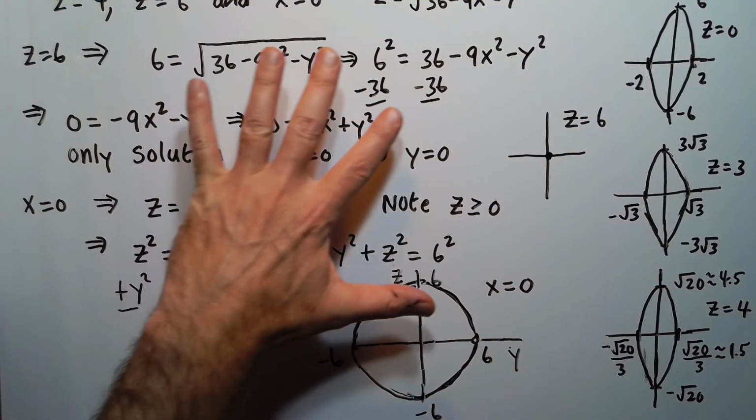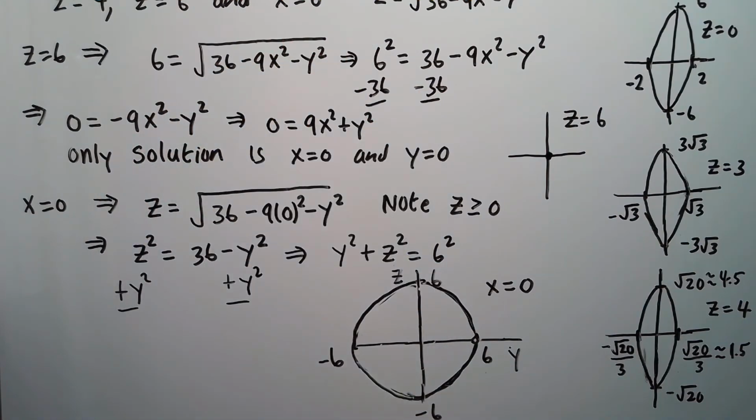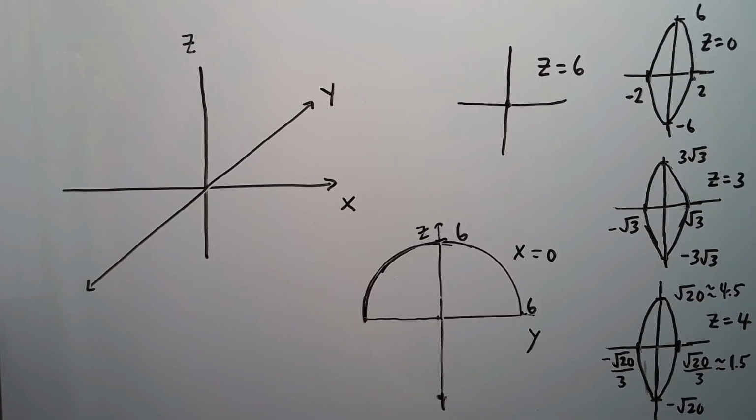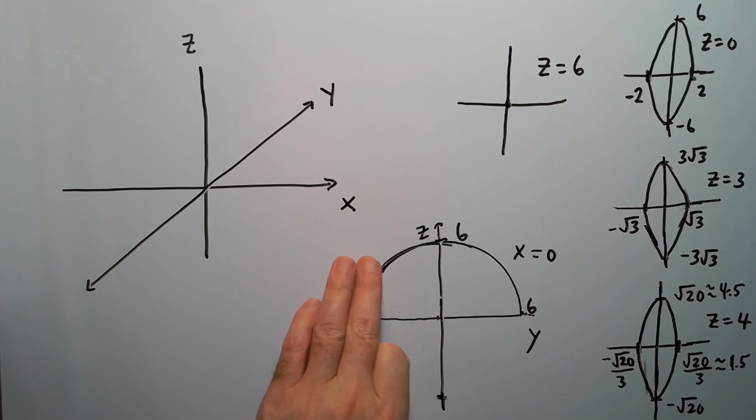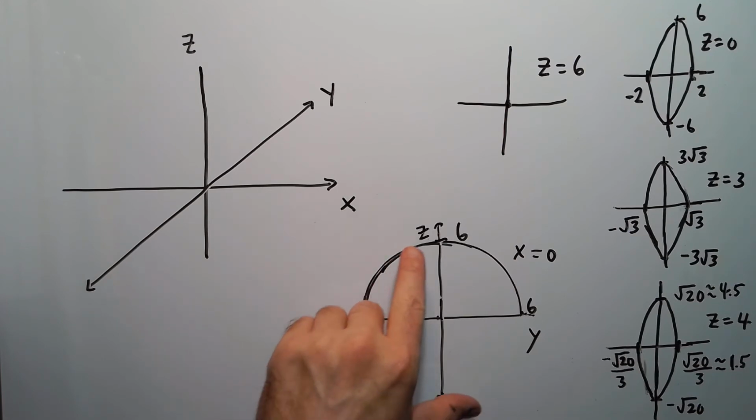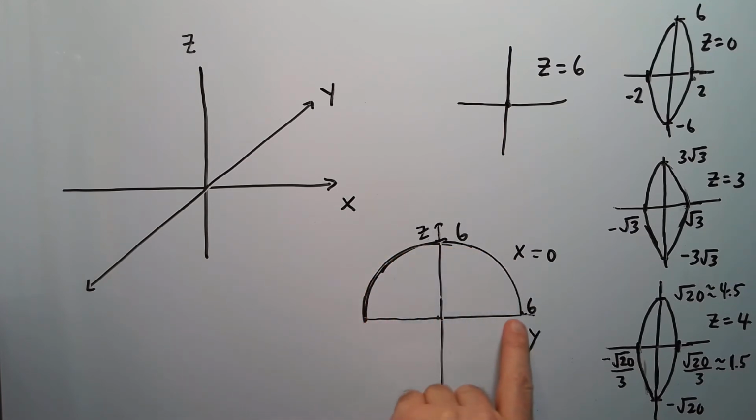So let me erase some things here, and we'll work off these graphs. Okay, so let me erase a few things. Oh, this should just be the top half of the circle, because we mentioned that z had to be greater than 0. So that's going to just give you the top half of the circle here. So when I drew the bottom half, I was incorrect, because we did mention z is greater than 0.